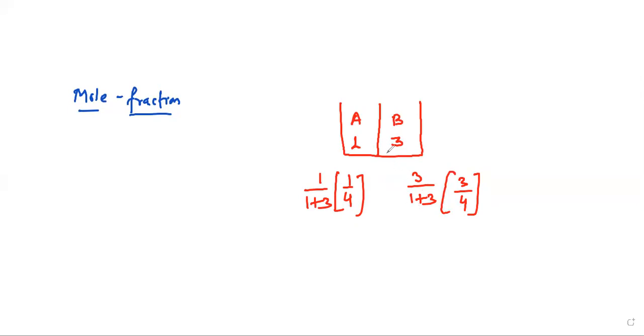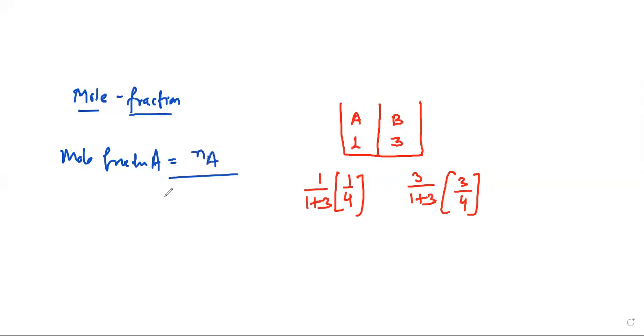Mole fraction of A is equal to the number of moles of A upon the number of moles of A plus the number of moles of B, that is Na by Na plus Nb.